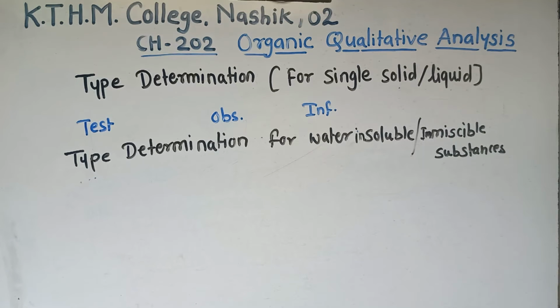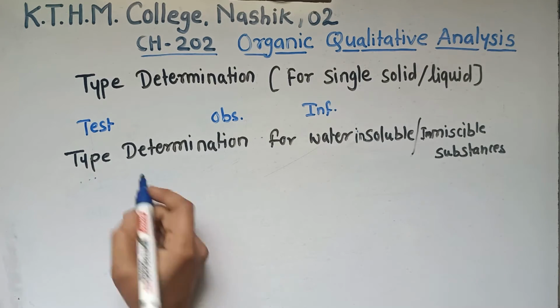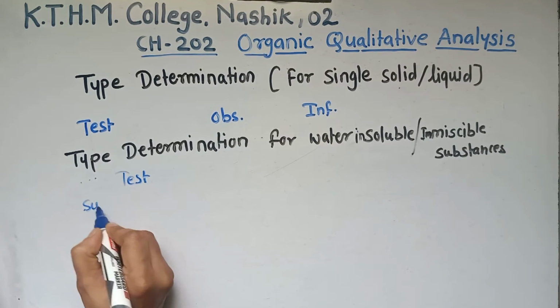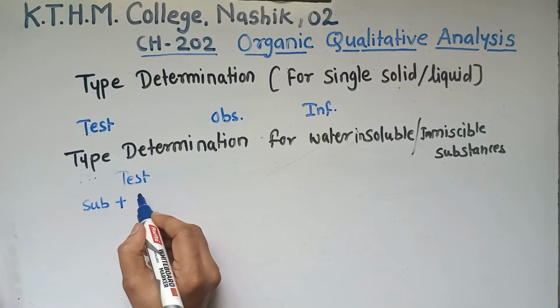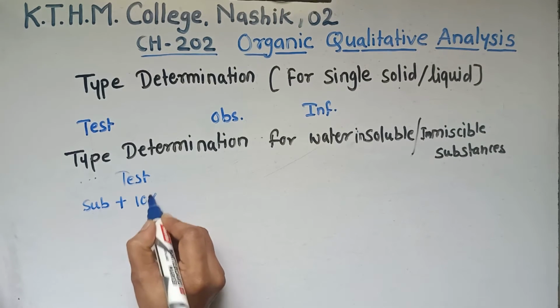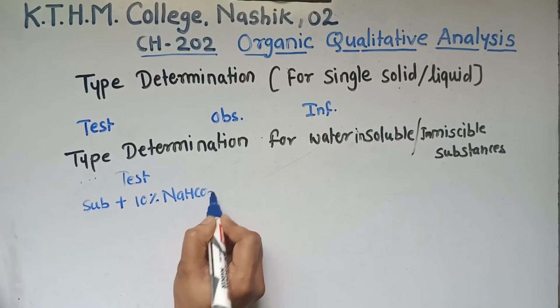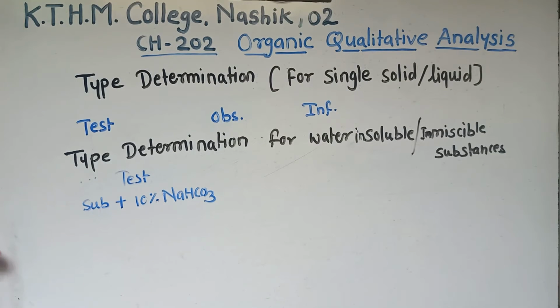In that, what we have to do, student? In the test part, we take the substance, then we add 10% NaHCO3, that is sodium bicarbonate.